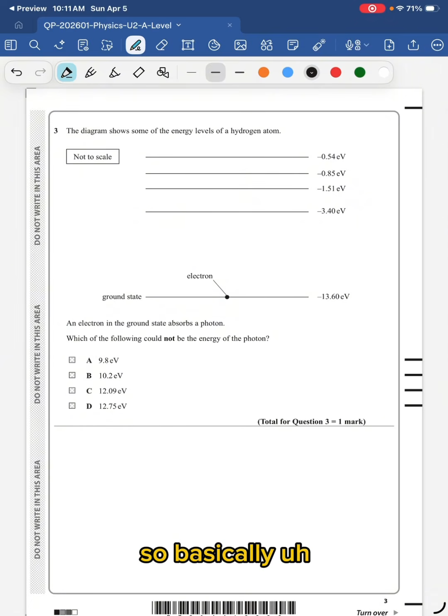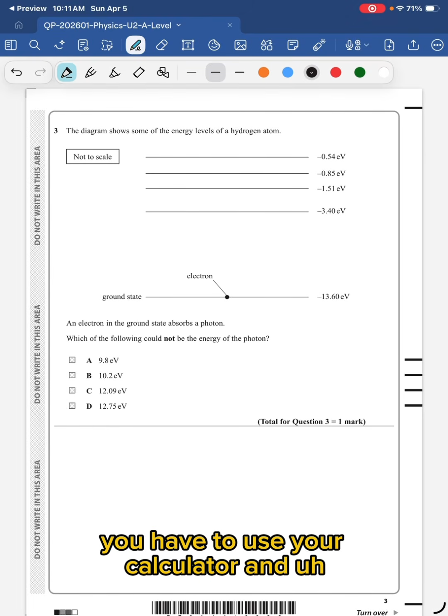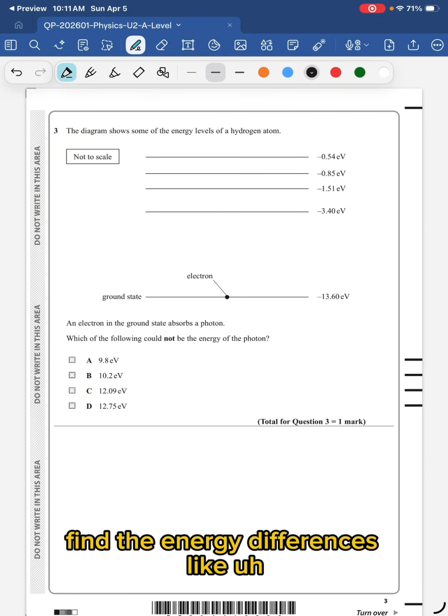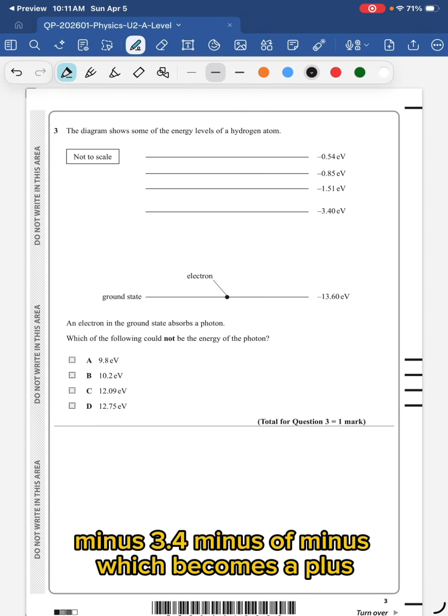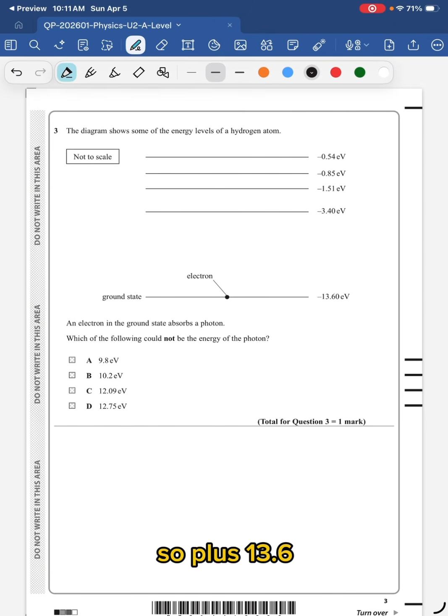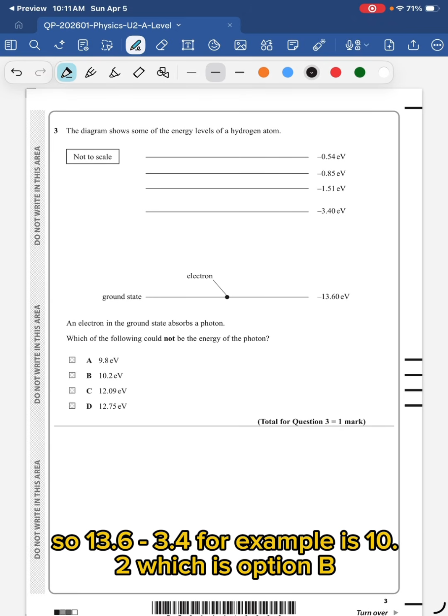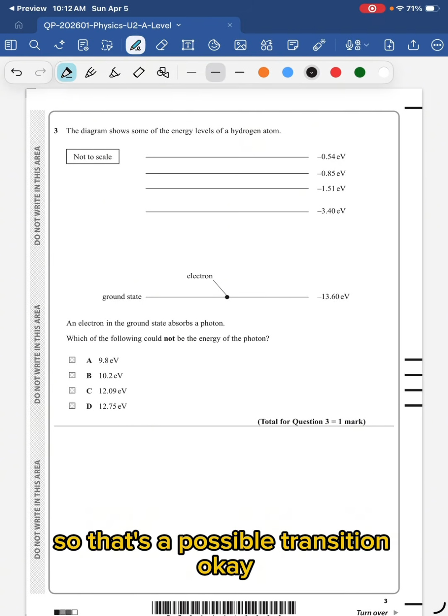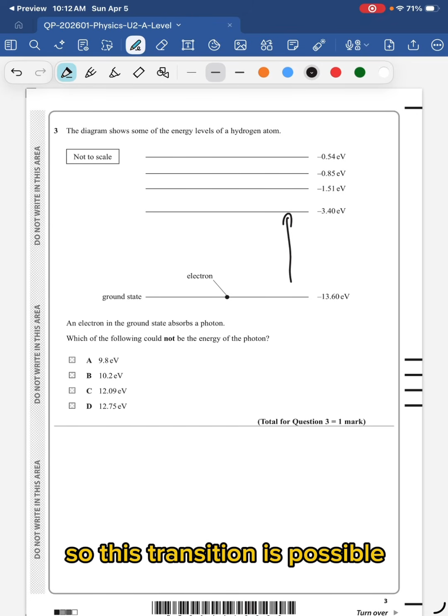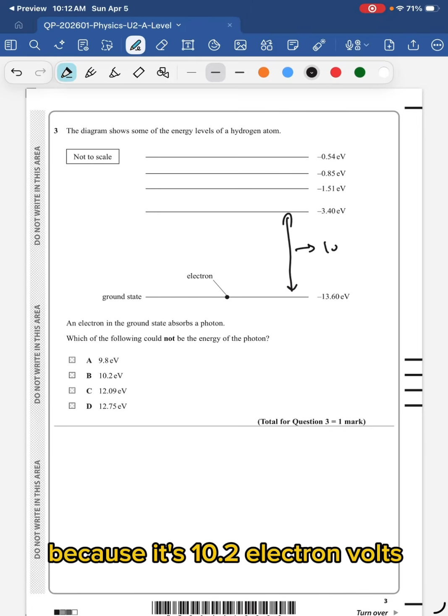Basically, you have to use your calculator and find the energy differences, like minus 3.4 minus of minus 13.6, which becomes a plus, so plus 13.6. So 13.6 minus 3.4, for example, is 10.2, which is option B. That's a possible transition, because it's 10.2 electron volts.